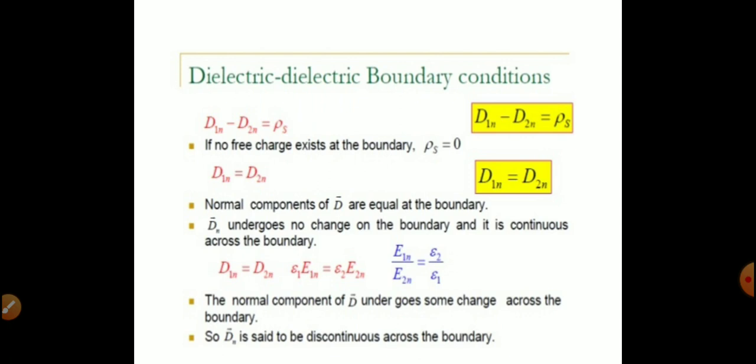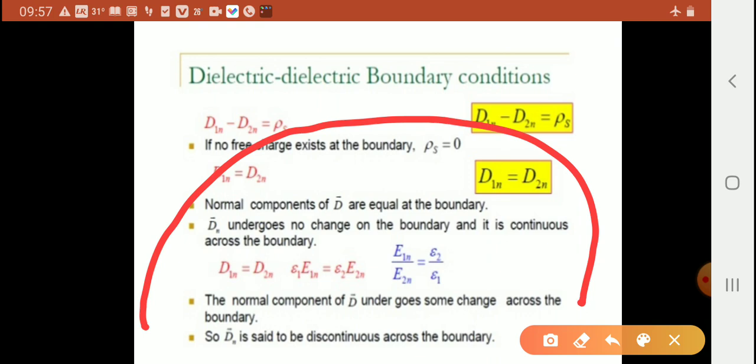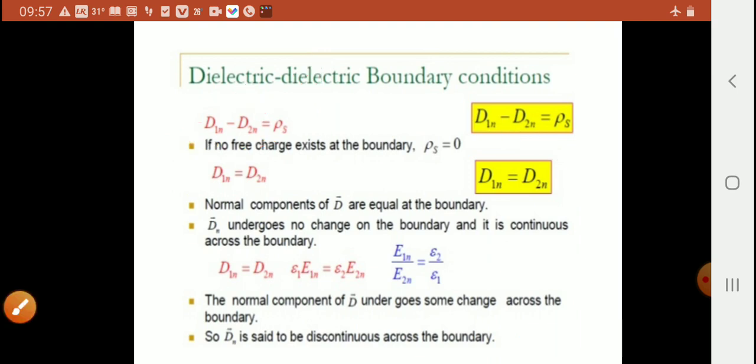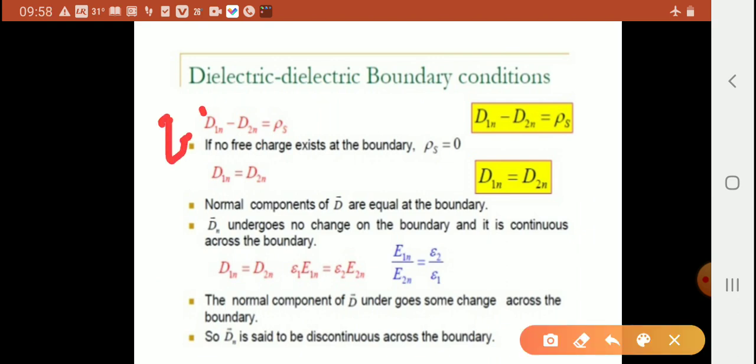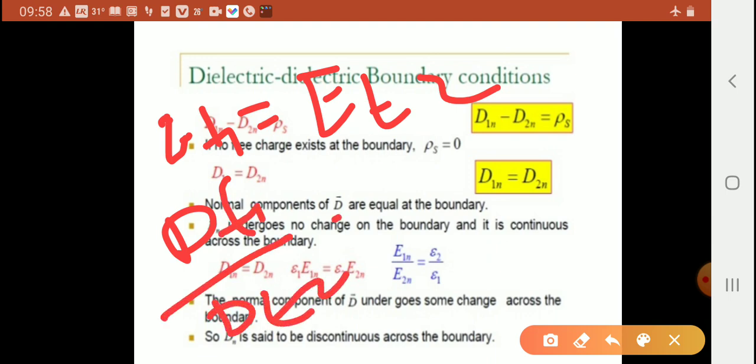This is the boundary between two perfect dielectrics. The electric field intensity work done is 0, so the tangential component of E is equal at the boundary: Et1 equals Et2. So we calculate D t1 upon D t2 equal to permittivity of E1 upon permittivity of E2.